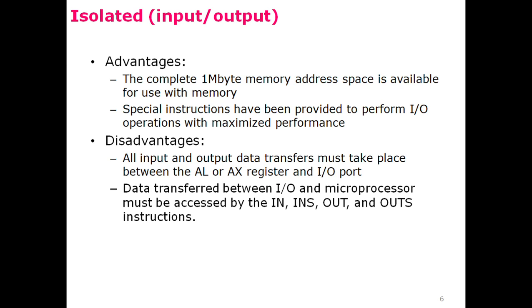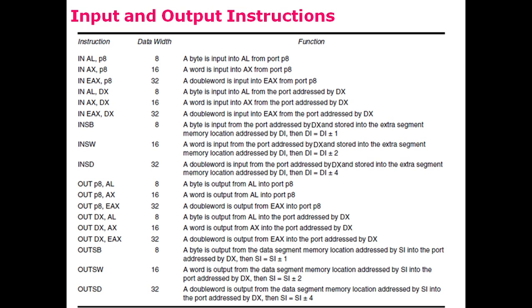This is a kind of disadvantage. Data transfer between I/O and the microprocessor must be accessed by these four instructions only, so there are not too many choices to send or receive data from the input and output devices. Here we have a set of input and output instructions.